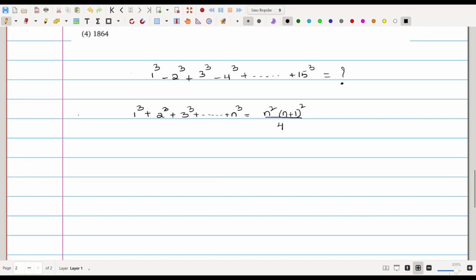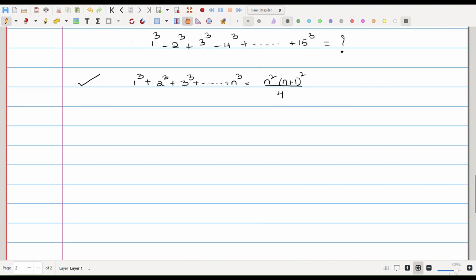We are going to use this identity here, but in the question they gave a minus symbol for all the even terms, while here plus is there. So I'm adding the plus terms and subtracting the minus terms. Let's see. 1 cube minus 2 cube plus 3 cube minus 4 cube and so on up to 15 cube.